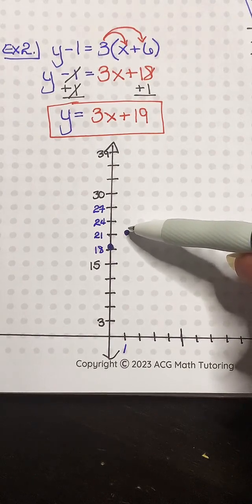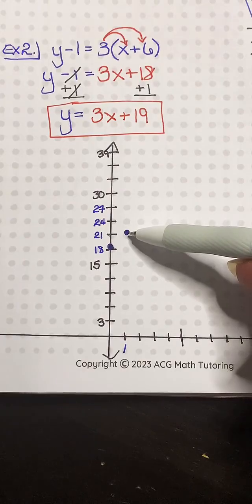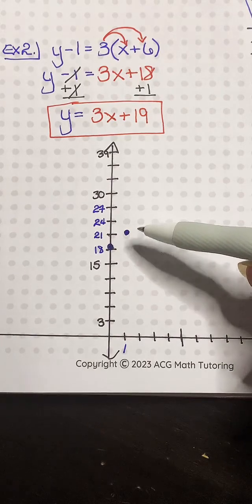Okay. OG. What's up, OG? Welcome back. 25. Good. Vivian. Good. Sharon. Good. Okay. Shylin. Good. Close. Remember, 22 plus 3. Okay. There we go. Plotting points. There we go.